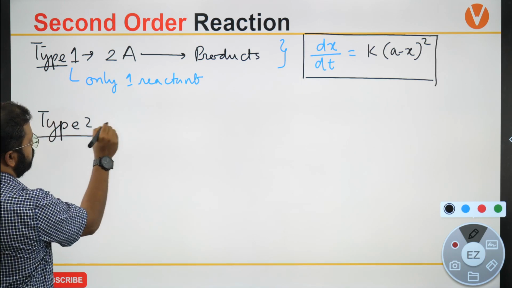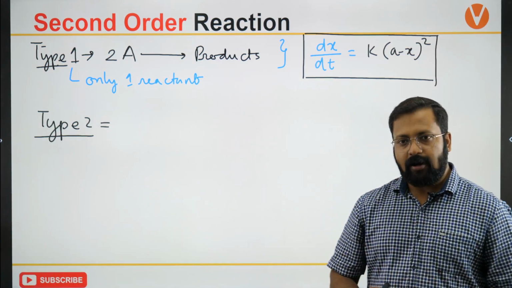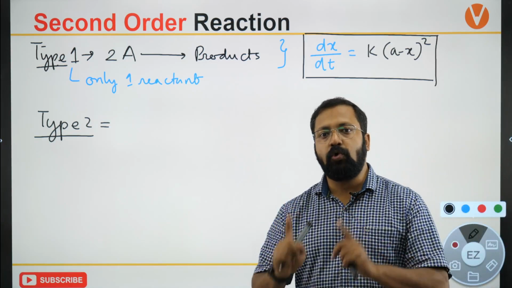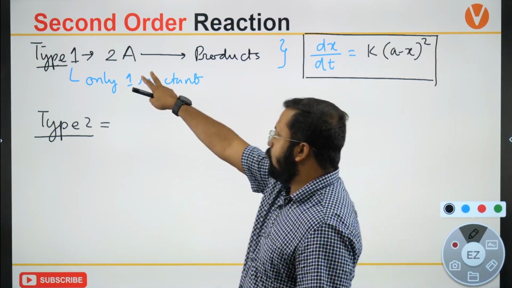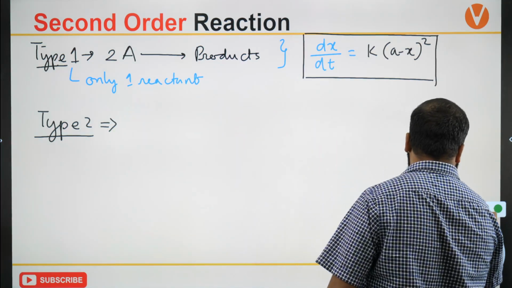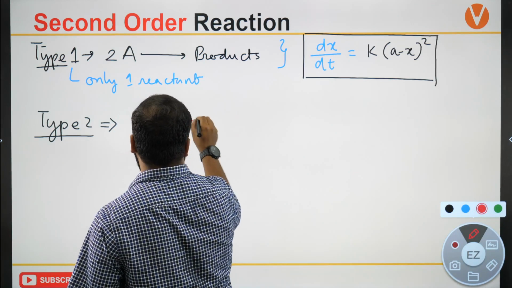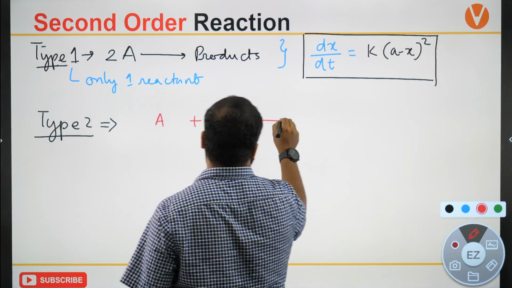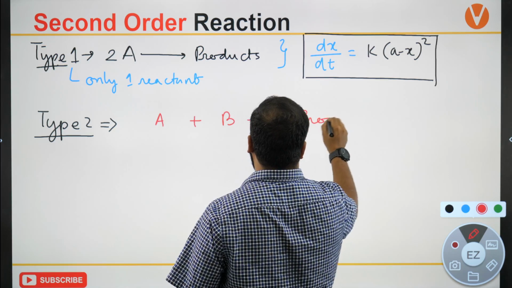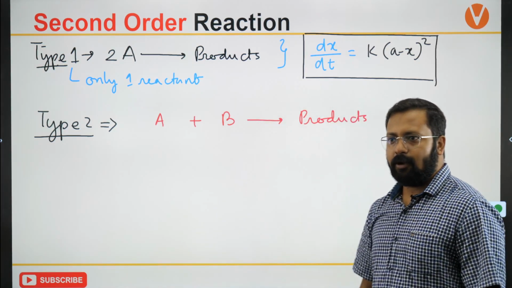Now, type 2, the second type of second order reaction. The second type of second order reaction is one which uses two reactants. It uses A and B to form products. Okay?